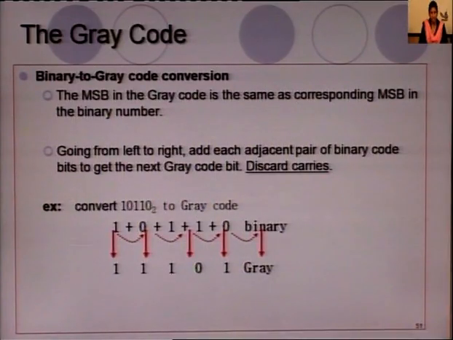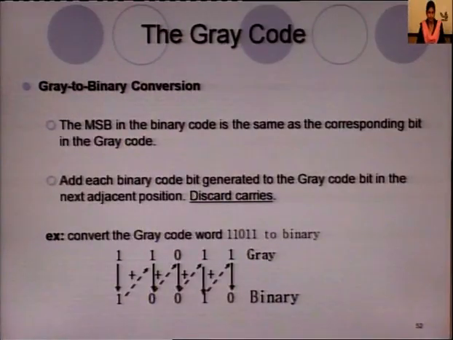For example, we have 10110. The most significant bit, we take 1 as 1, and starting from the left, 1 plus 0 results in 1, there is no carry. 0 plus 1 again results in 1, then 1 plus 1 results in 10, discard the carry and take the result 0, then 1 plus 0 is 1. That is, the Gray code for the given binary code is 11101.